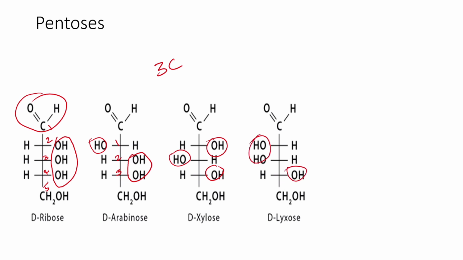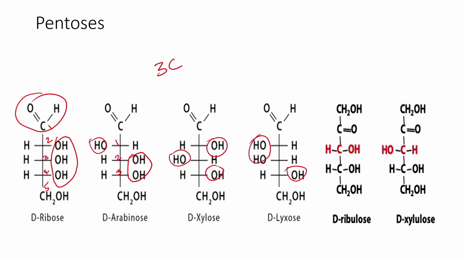And when comparing to the ketos, these are ketopentoses. They contain a keto group and 5 carbons. D-ribulose and D-xylulose.